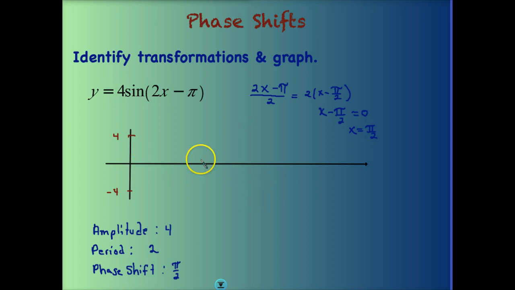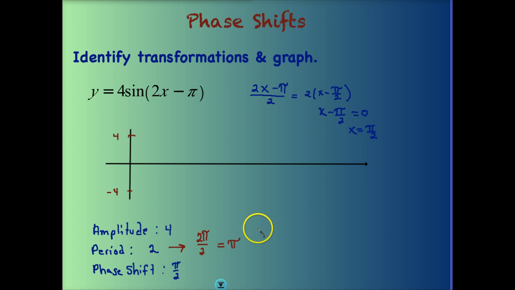So how long does it take us to complete 1 full cycle? Well, in order to calculate that, if you remember from previous graphing, we take 2 pi and we divide it by this period. So that means that every pi we will complete 1 full sinusoidal cycle. Okay, now we need to break this into quarters.